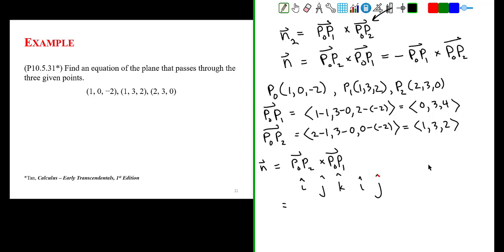So the second row will correspond to the first vector, the vector from 0 to 2. So this will be 1, 3, 2, 1, 3. Again, that's for vector P0P2. And then the third row will be from the components of vector P0 to P1. So that will be 0, 3, 4, 0, 3. And again, that's for the vector from point 0 to point 1.